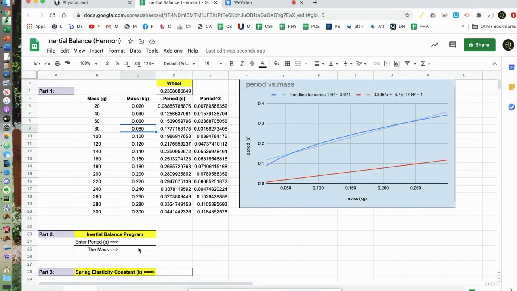That's what I want to do right here. I want to enter some kind of period here, like the period of the wheel, and I want it to automatically tell me what the mass is right here. So how would I write this program? Well, right in here, I'm going to write the equation to solve for the mass. How do I do that?